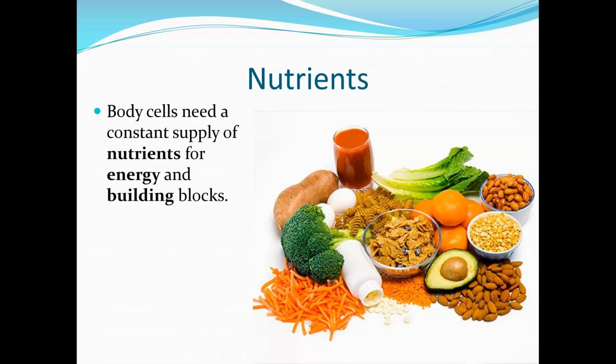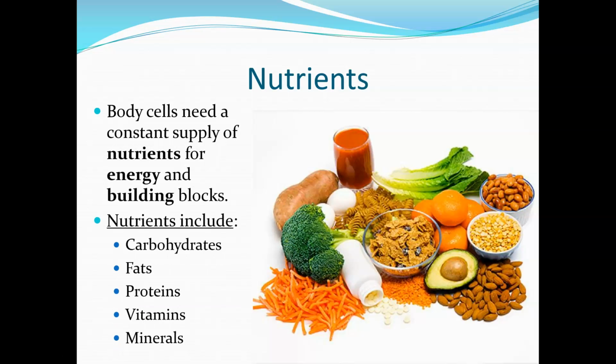So what are nutrients? We've already talked about the nutrients before. Body cells need a constant supply of nutrients for energy and for building blocks. Nutrients include those biologically important molecules. We've talked about them many times before: carbohydrates, fats, proteins, vitamins, and minerals.